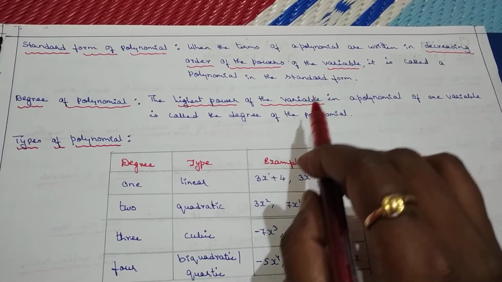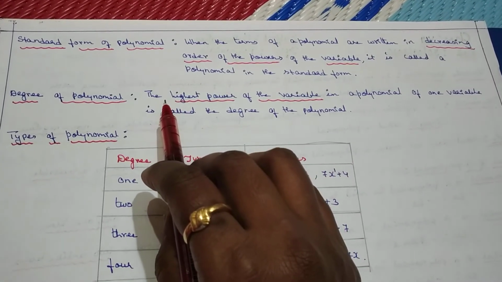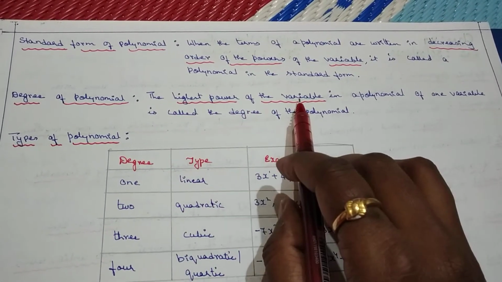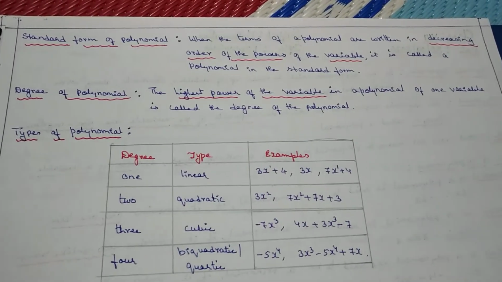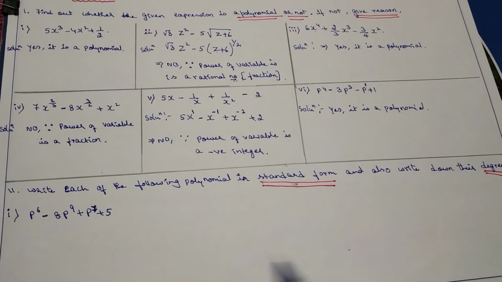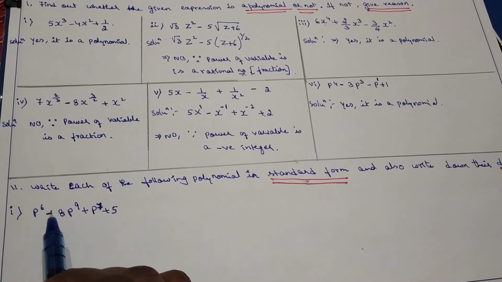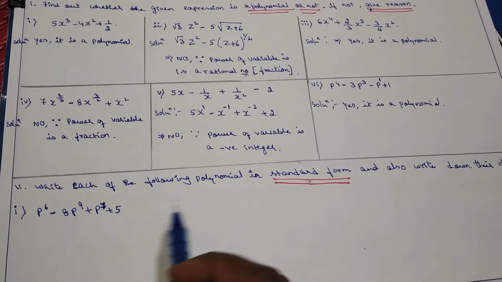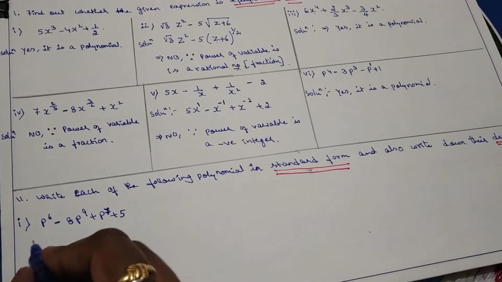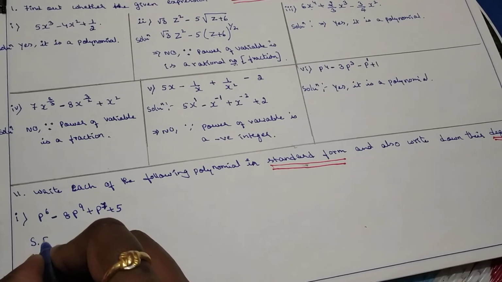And also asked degree. Degree, how you should write? The highest power of the variable in polynomial of one variable is said to be the degree of the polynomial. So the first question given, p to the power of 6 minus 8p to the power of 9 plus p to the power of 7 plus 5. So first we'll write it in standard form. SF means standard form.